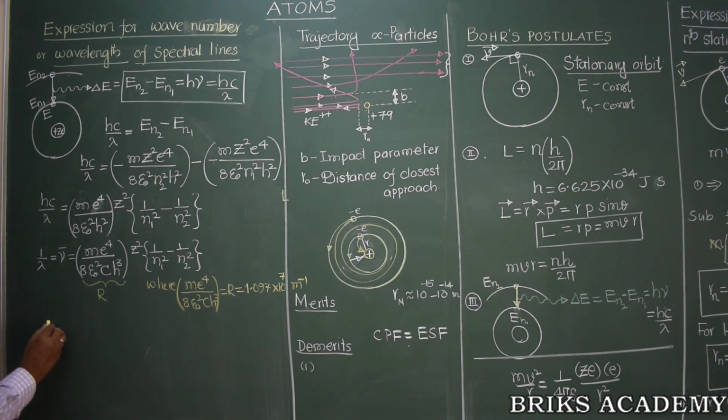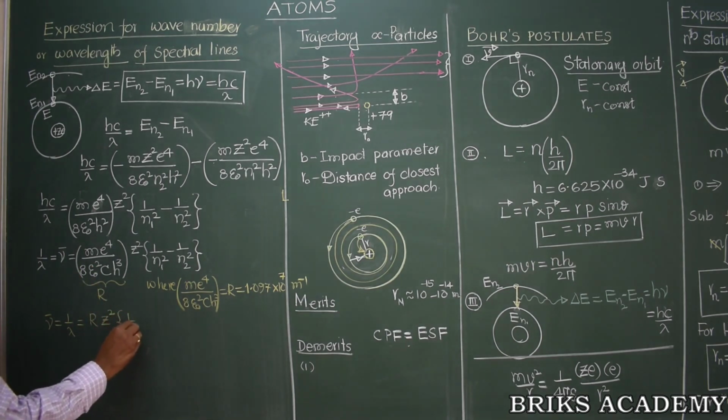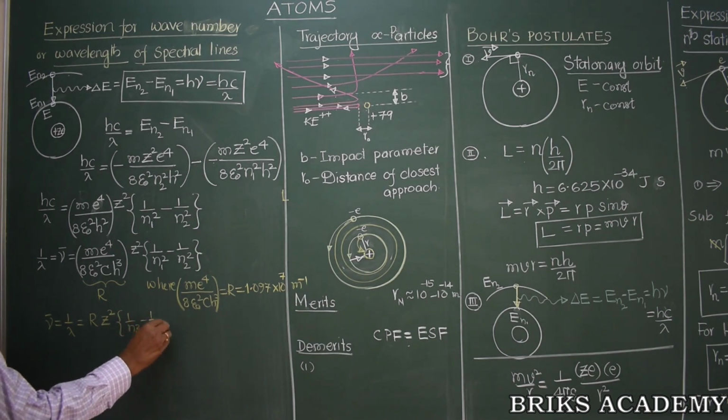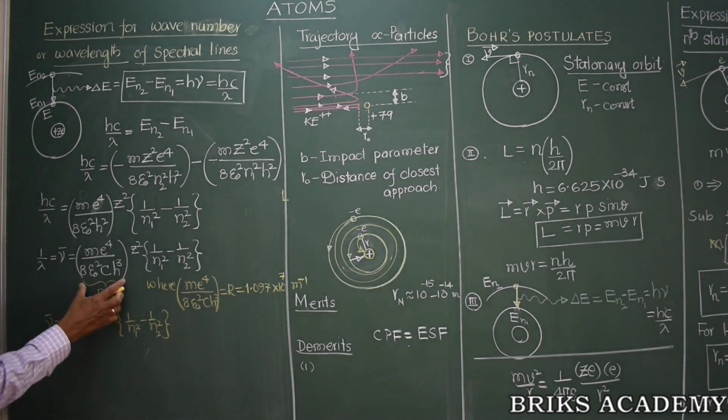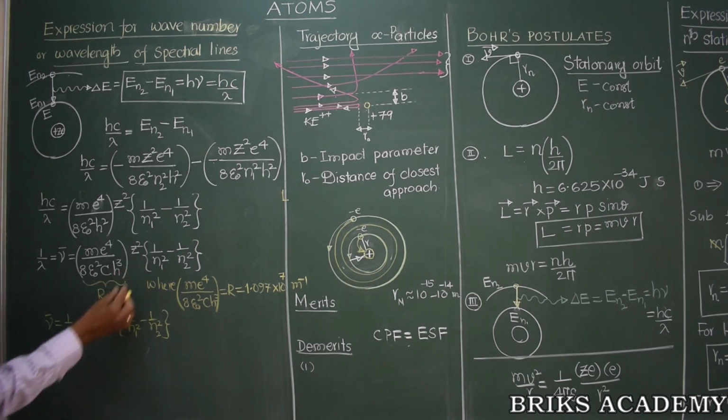Anyway, getting back to this expression, the wave number nu bar, or otherwise the reciprocal of wavelength lambda, can therefore be written as R z square into 1 by n1 square minus 1 by n2 square. So this entire bracket has become the Rydberg constant R, and Z is retained there.